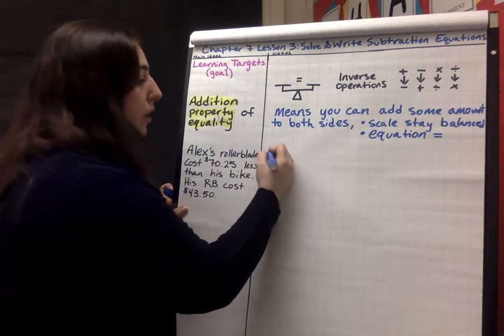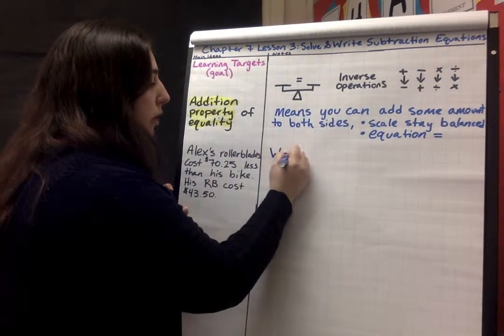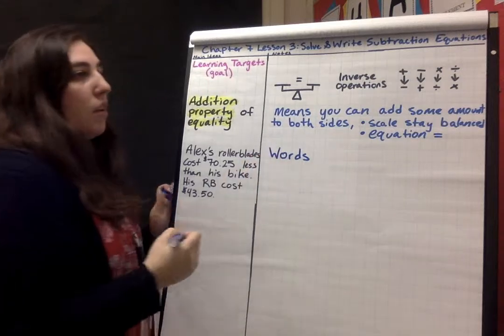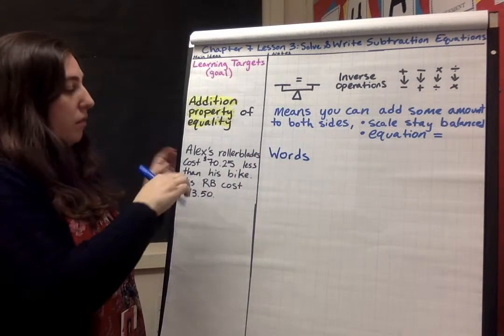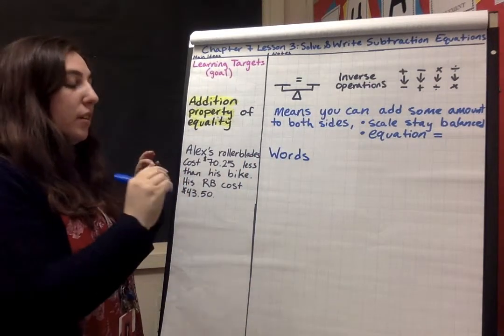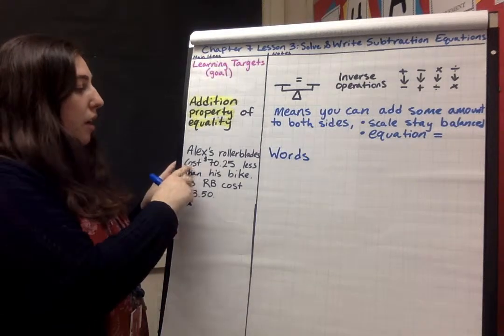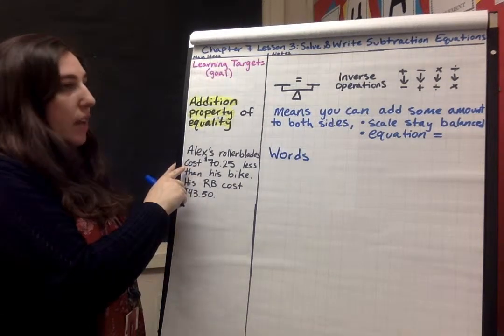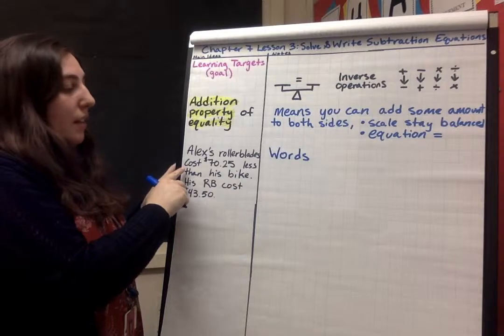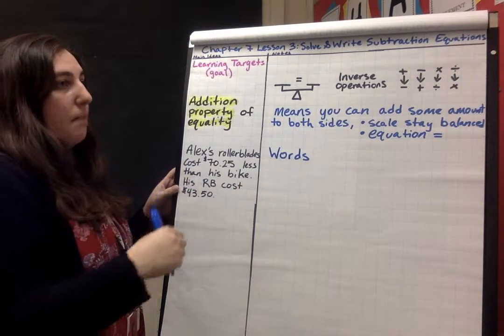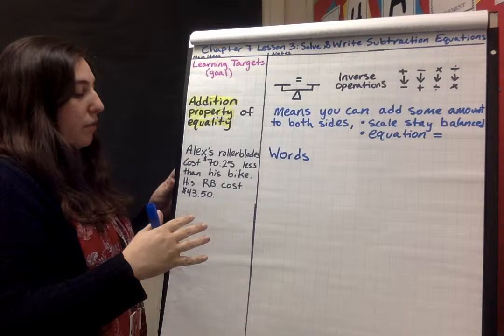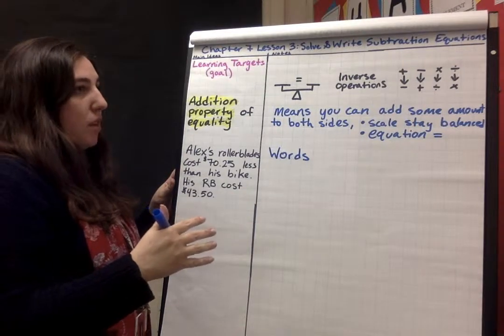So first, we are going to look at the words. Okay, so the words, some important key words that we see are the cost of the bike. Okay, the cost of the bike is less than $43.50.